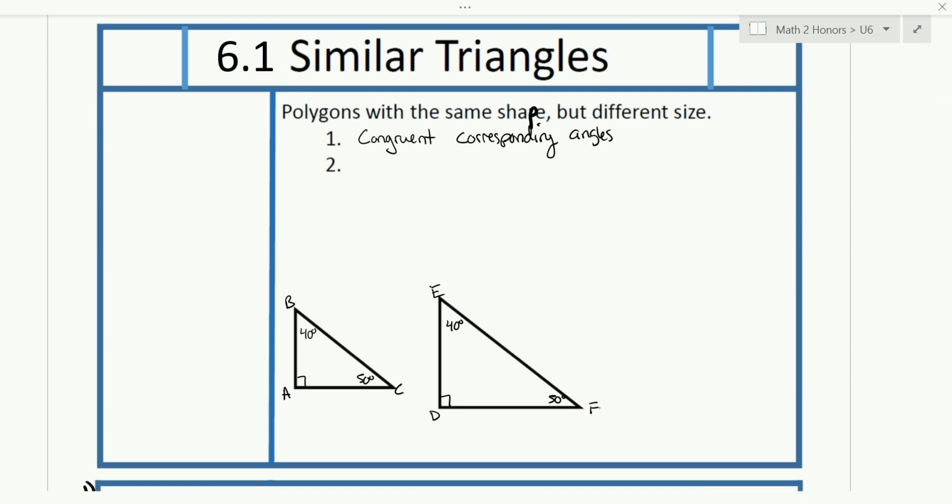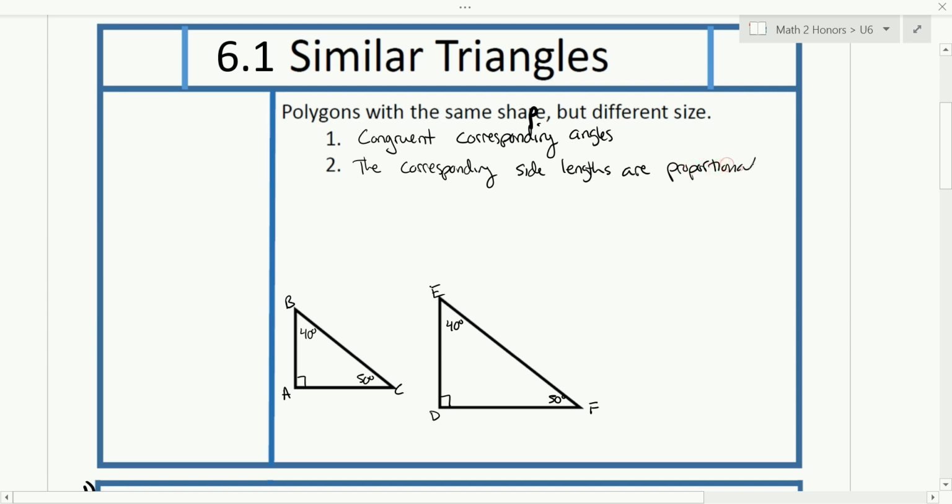The side lengths don't have to be congruent, but the side lengths need to be proportional. And we'll talk about what we mean by proportional in a second here.